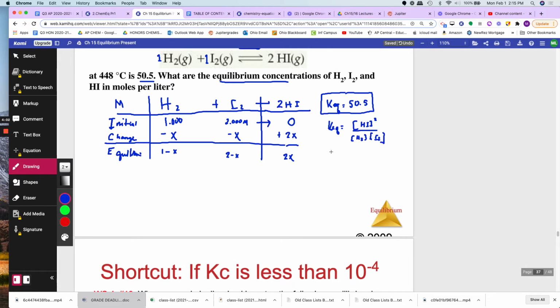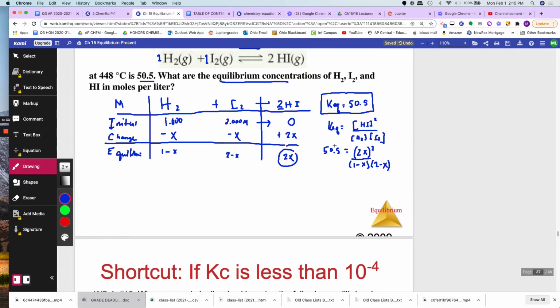K equilibrium is 50.5, you plug it in, equals HI is 2X. It's right here at equilibrium. That's how much you have. It's squared because there's a coefficient of 2 in the equation right here, divided by H2, which is 1 minus X, and I2, which is 2 minus X.